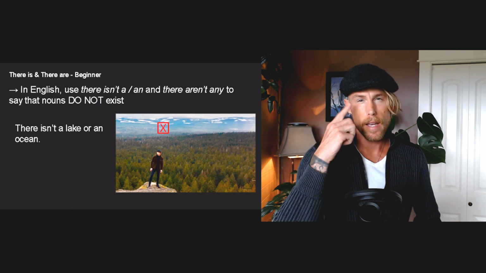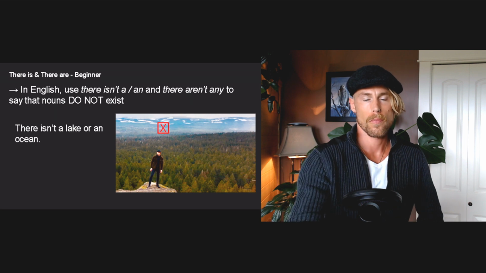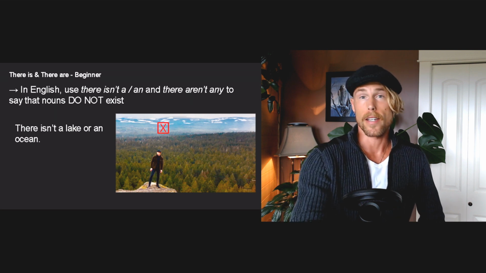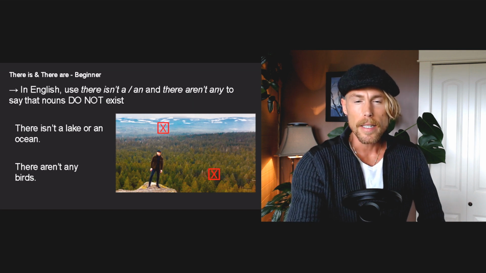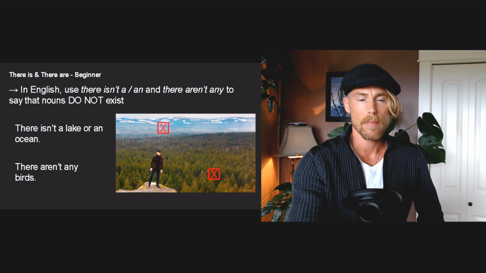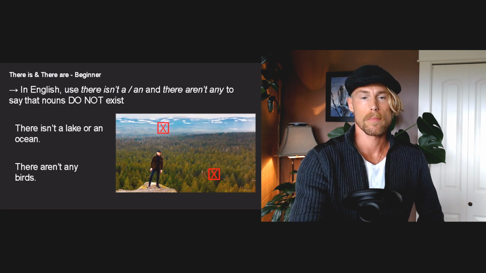Do you see a lake or an ocean? No. It does not exist. There aren't any birds. I don't see any birds. So there aren't any birds in the photograph.